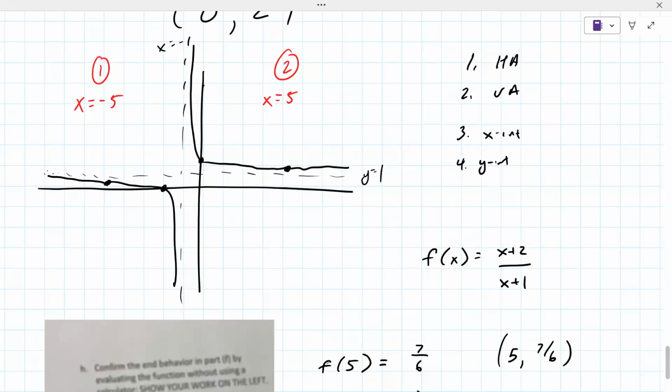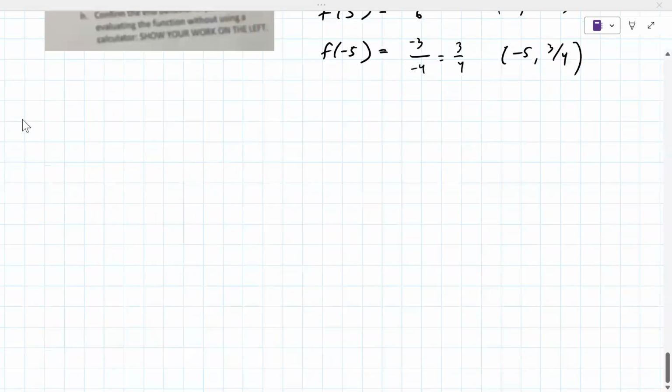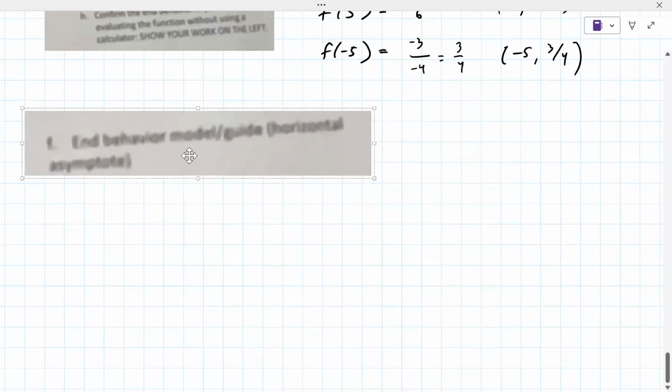Okay, so now we can go back and answer a few more questions. You've already answered F, which is the horizontal asymptote. What was the equation of the horizontal asymptote? Y equals 1.